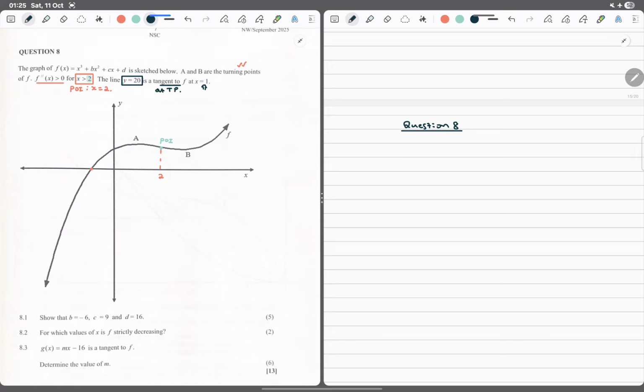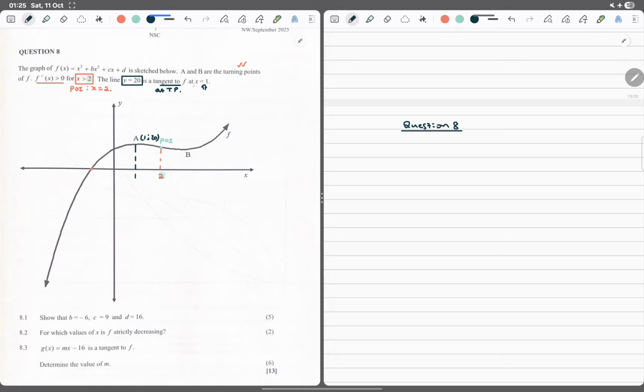So we can see that if we already have 2 here, this is the tangent at a, the turning point. So this is 1. So a is 1 and some y value. The good thing, this is a horizontal line, so this is 20. So this is giving us the coordinates of a indirectly. Okay, that's cool.